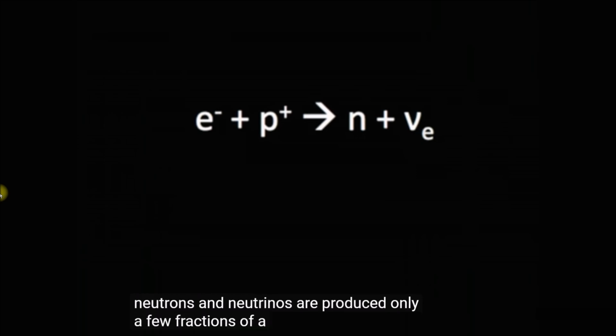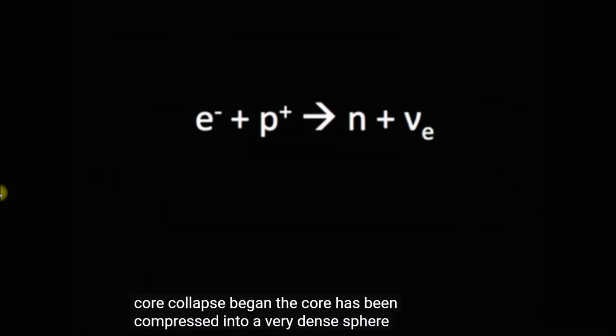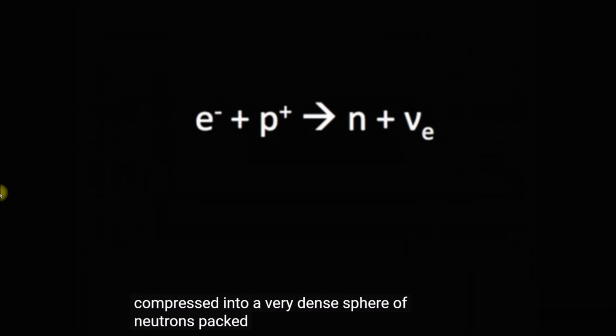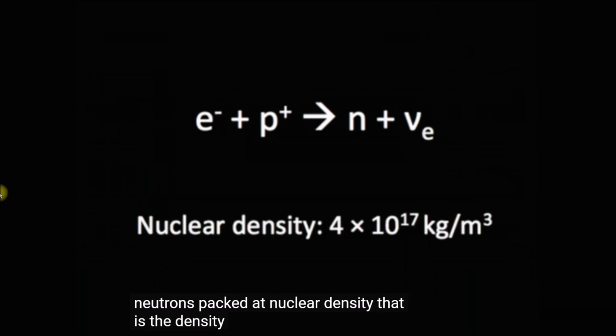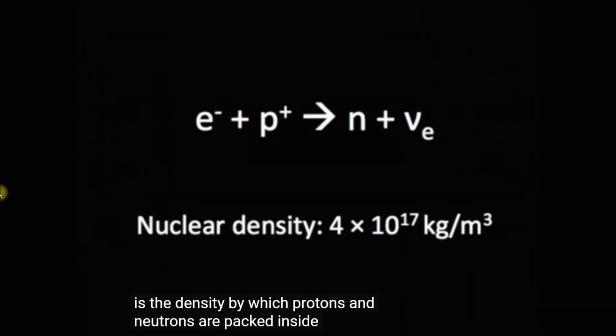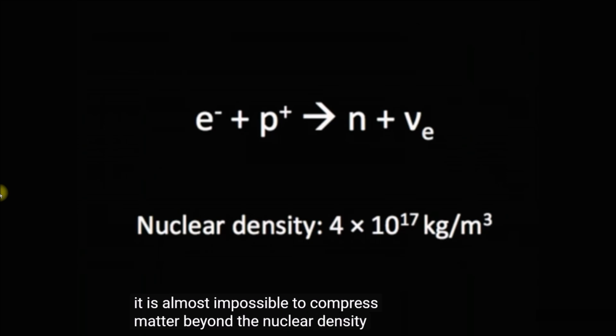Only a few fractions of a second after the core collapse began, the core has been compressed into a very dense sphere of neutrons, packed at nuclear density. That is, the density by which protons and neutrons are packed inside nuclei. It is almost impossible to compress matter beyond the nuclear density.